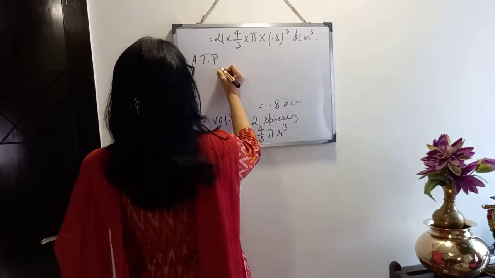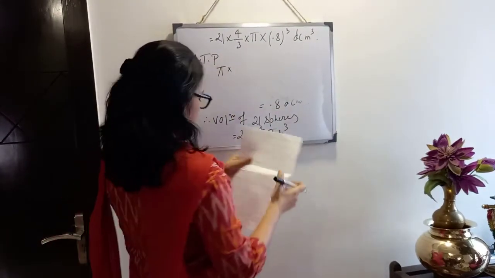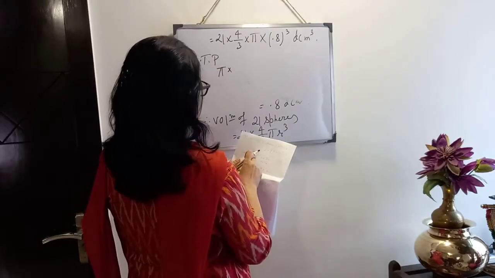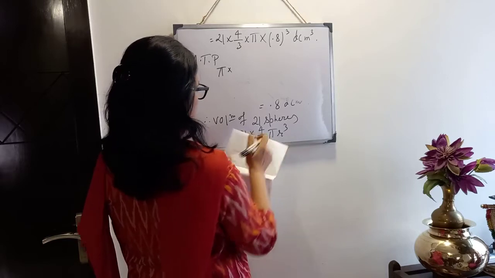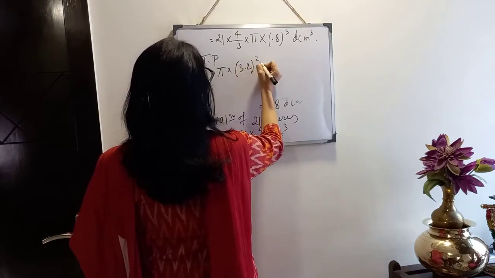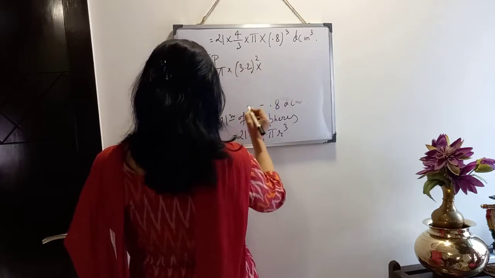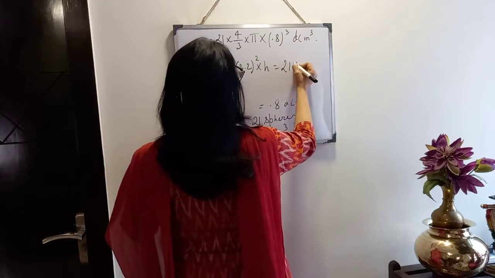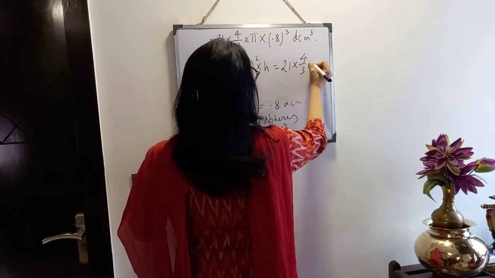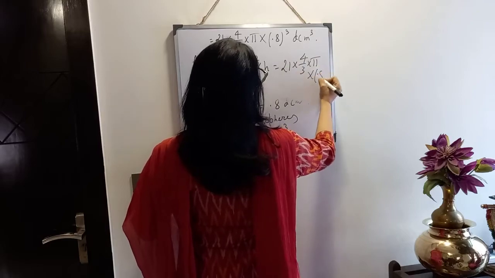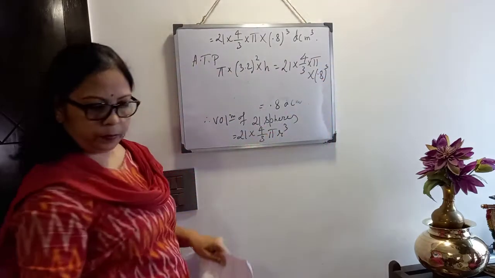Pi, what is the radius given? Okay, in decimeter, 3.2 whole square into h is unknown, and here 21 into 4 by 3 into pi into 0.8 whole cube.